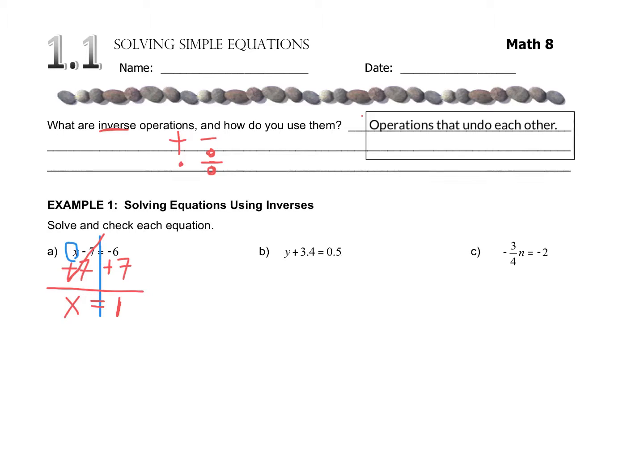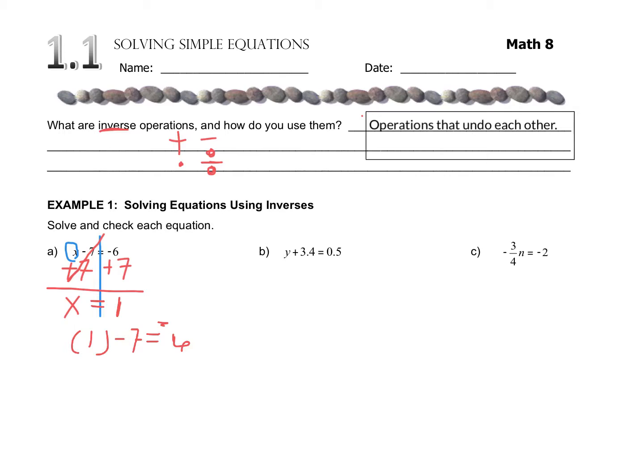So I think that's my answer. But how do I know? The good thing about these equations is I can check it to see that I have the right answer. The way I check it is, we now have x is 1. So I go back to that original equation, I take x out, and I replace it with what we think is the answer. I plug in all the other numbers that go with it, and I basically do the math and see, does it work?